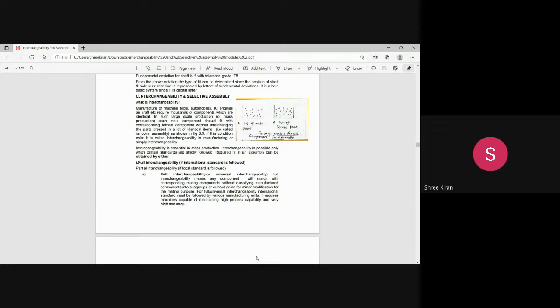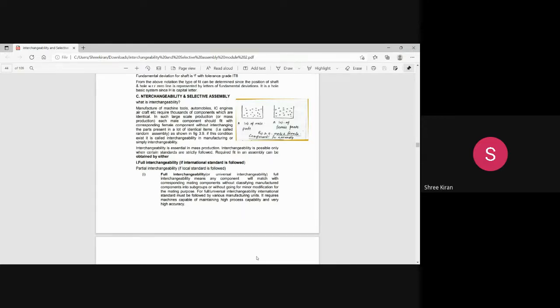So manufacturing of machine tools, like in the case of automobiles, IC engines, aircraft engines, etc., require thousands of components which are identical. There will be thousands of components manufactured for assembly. In such large scale production or mass production, many components will be identical.